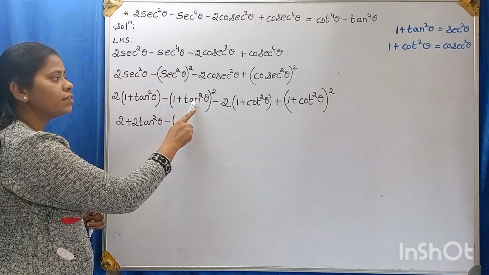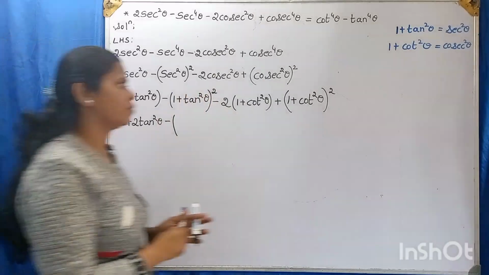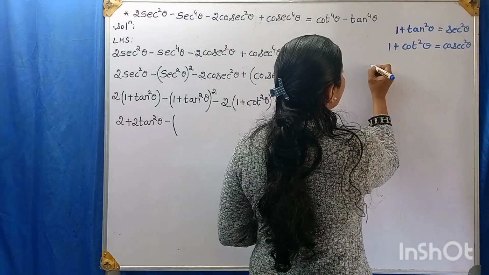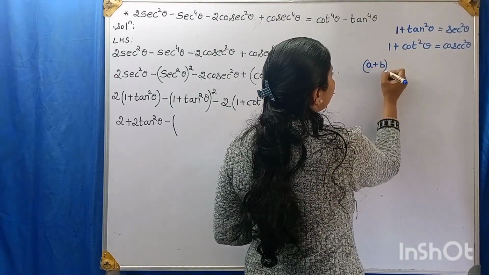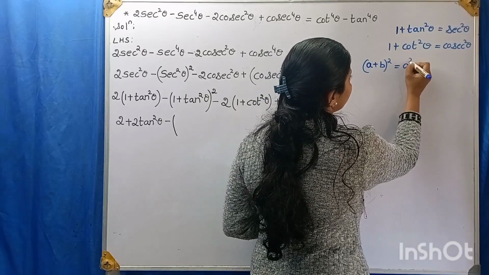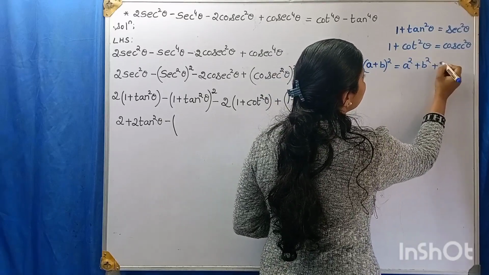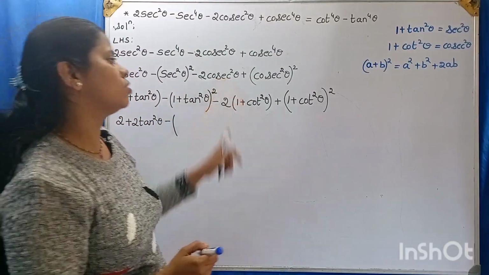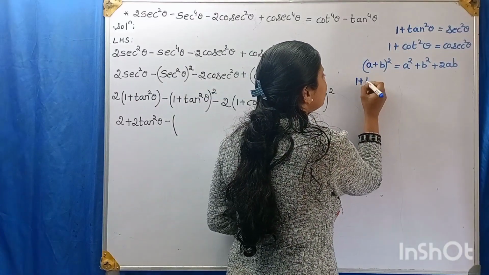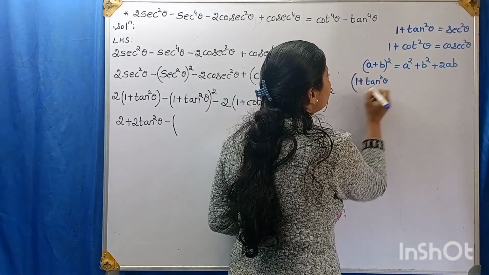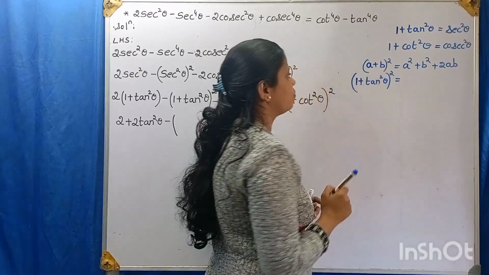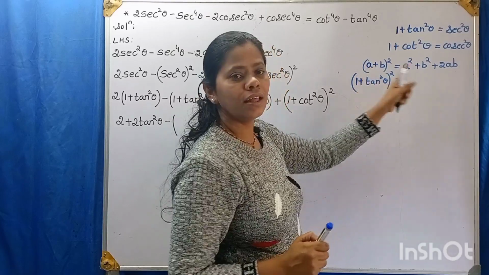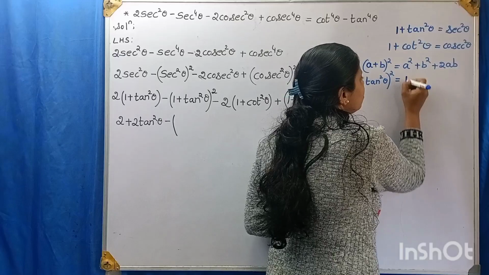Now look at this. (1 plus tan²θ) the whole square. It is in the form of (a plus b) the whole square. We know the formula: a² plus b² plus 2ab. Here, in the place of a we have 1, then it will become 1 squared, nothing but 1.